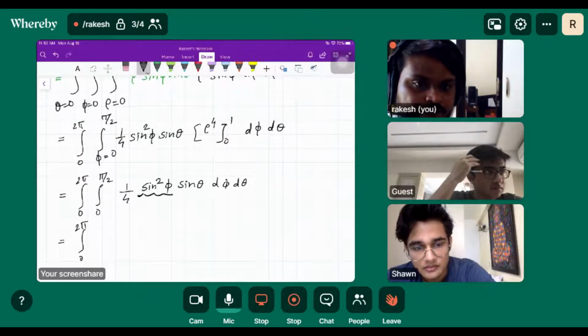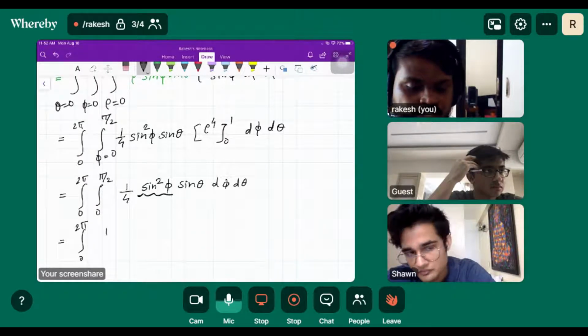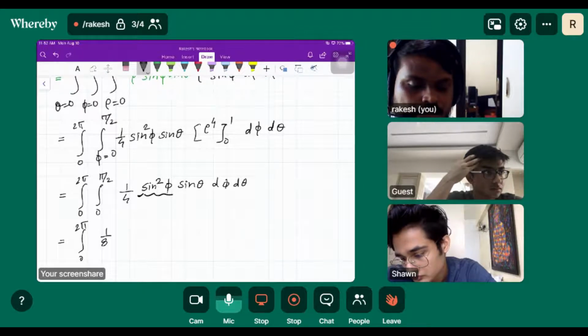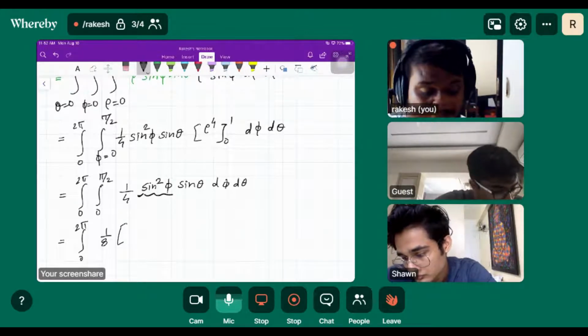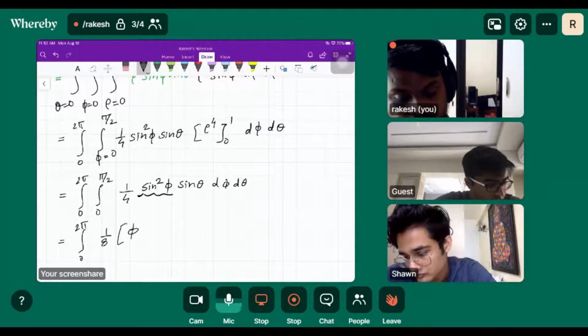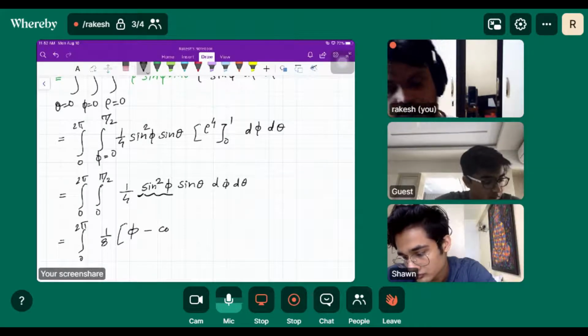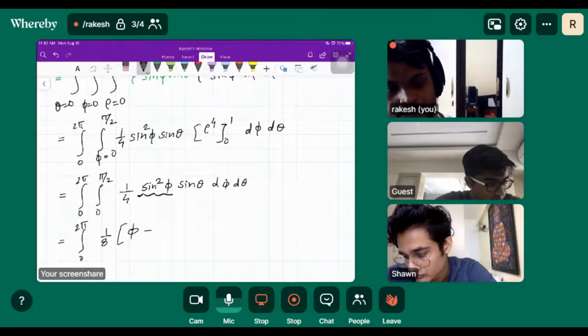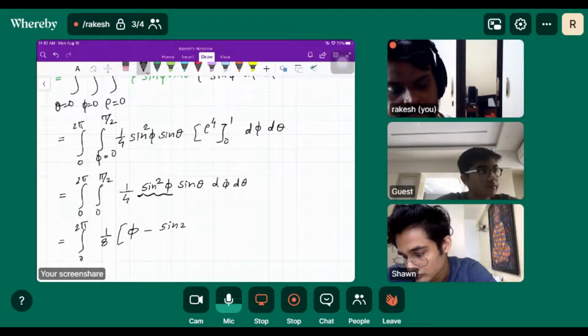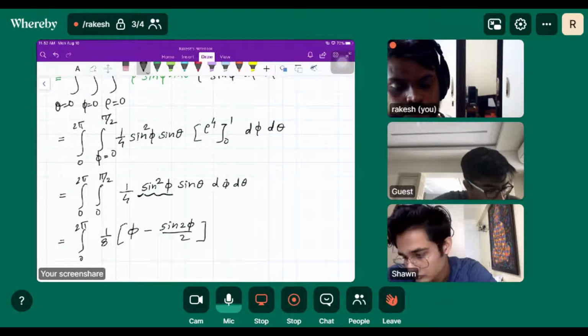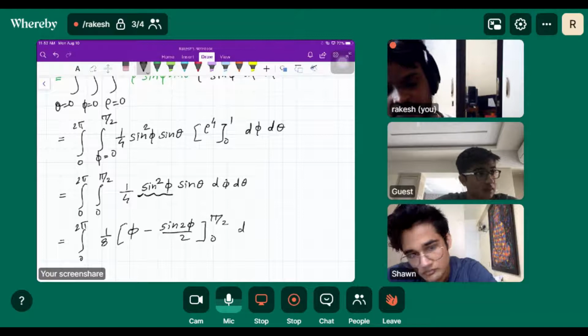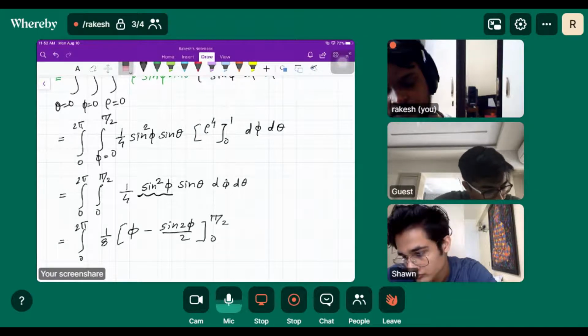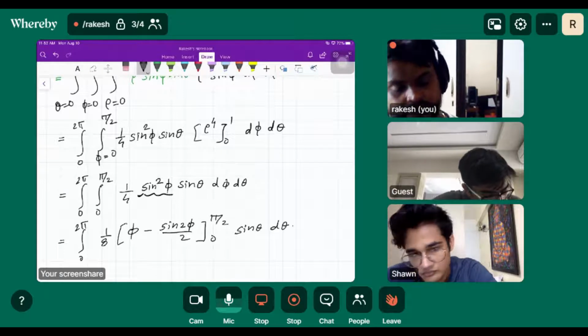So 1 over 2, phi minus, what is the integration of cos 2 phi? That's sine 2 phi upon 2, from 0 to pi by 2, and sine theta d theta is also there.